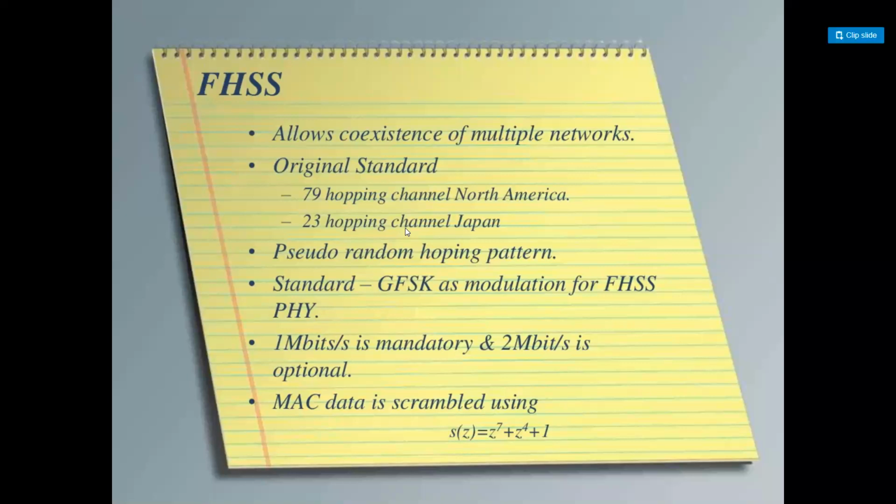And it uses a pseudo random hopping pattern. Hopping means connections. Here 1 Mbps is mandatory and 2 Mbps is optional.